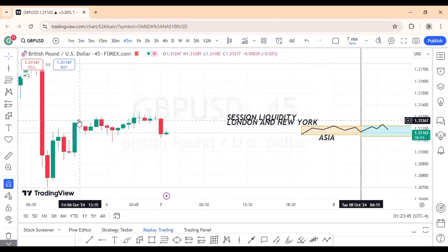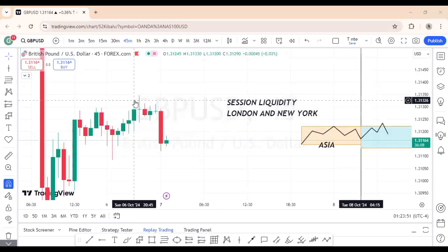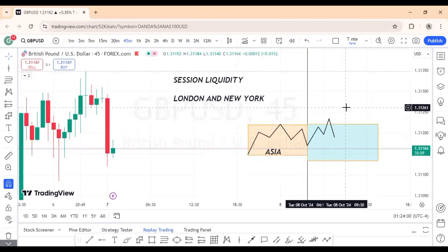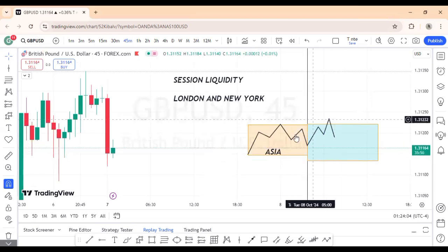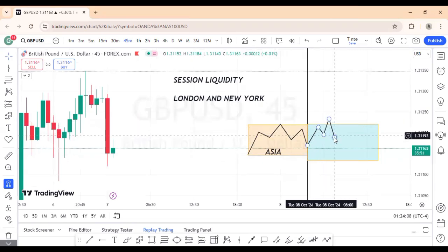You can see how it took liquidity before pushing above. When it was about to drop, you can see how price took out this high before dropping. So price taking liquidity is usually fuel for the market to move, right? Price takes out Asian liquidity, and then we'll see price drop.